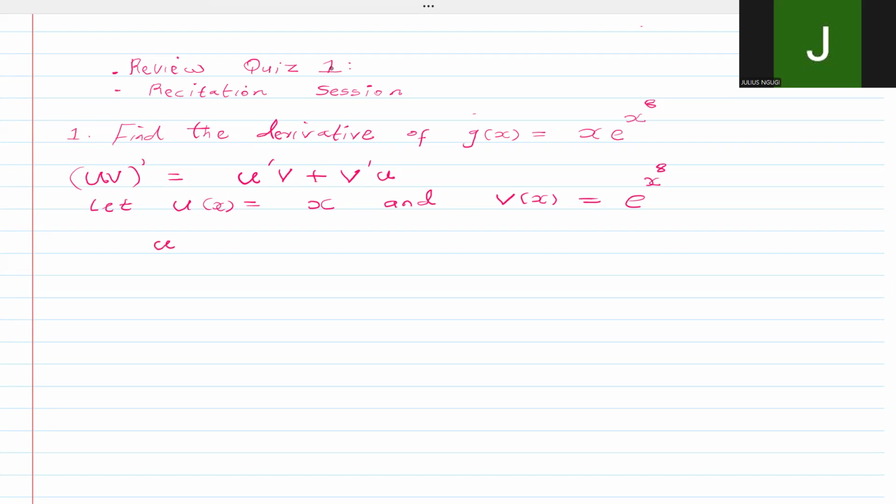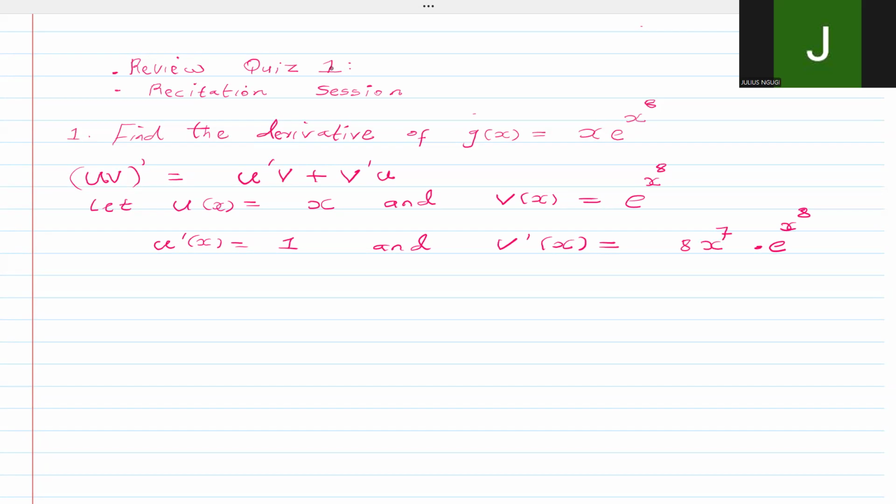The derivative u prime of x will equal 1. For v prime of x, we use the chain rule, and as we said in class, just remember this one is easy. You have the original function, e to the power x to the power 8, then you multiply by the derivative of the power of the exponential. The derivative there is just 8x to the power of 7.